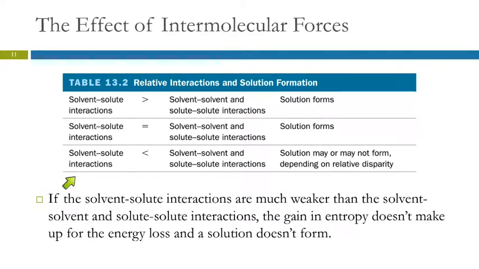If the solvent-solute interactions are weaker than the interactions of the solvent with itself and the solute with itself, a solution may or may not form. It depends on how big that difference is.